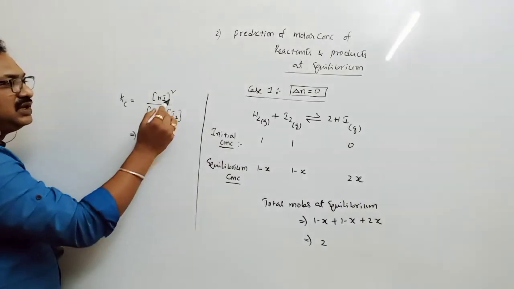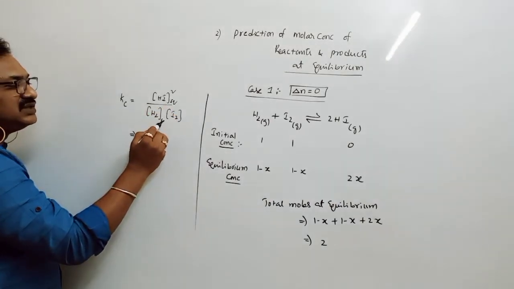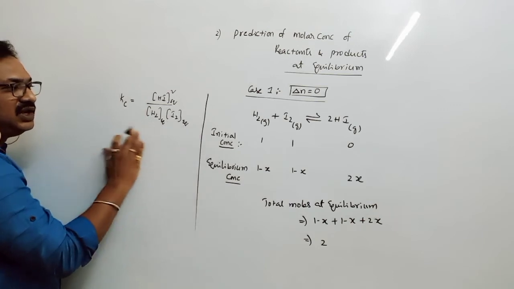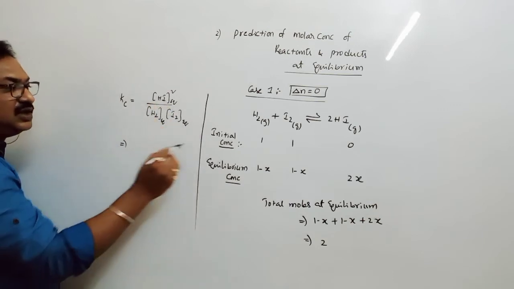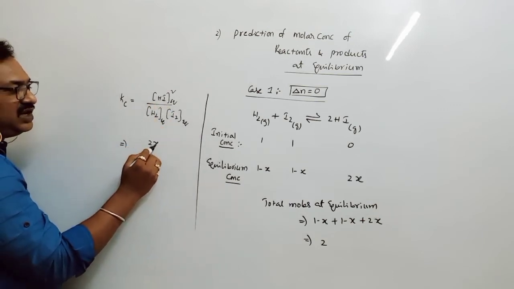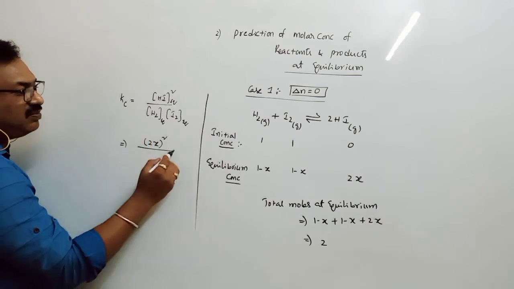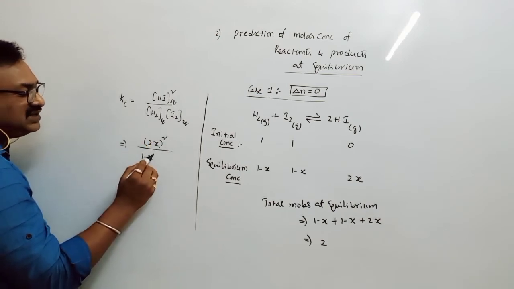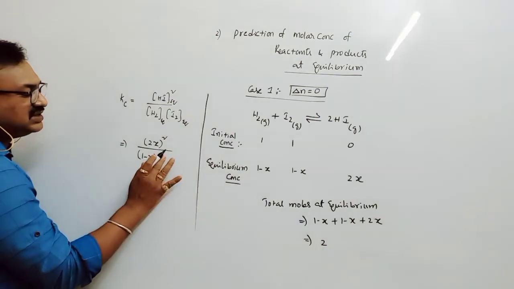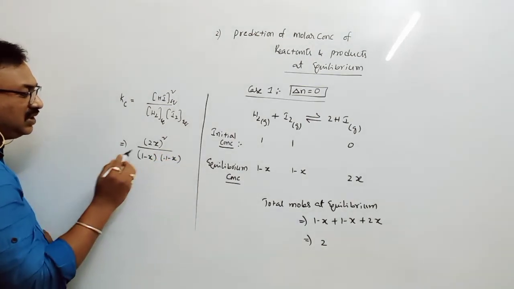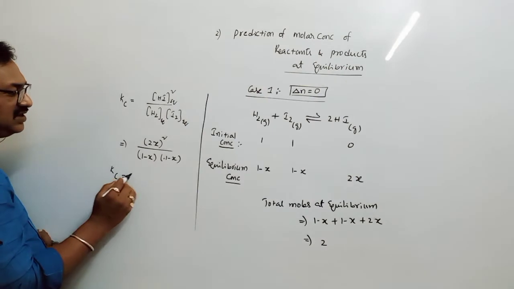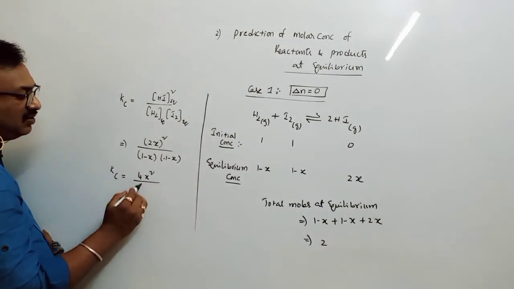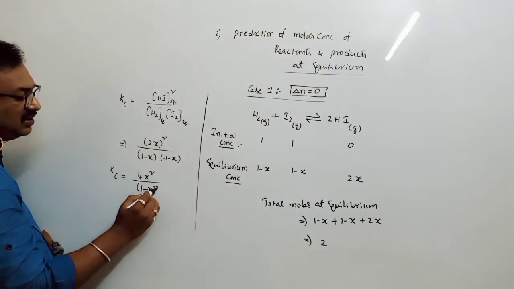So 2x whole square by 1 minus x into 1 minus x. Okay. So Kc is equal to 4x square by 1 minus x whole square.